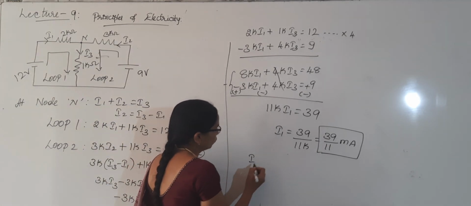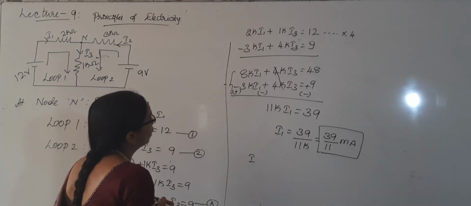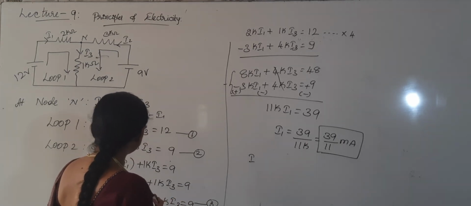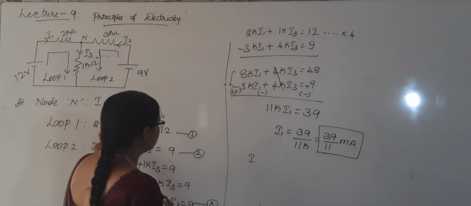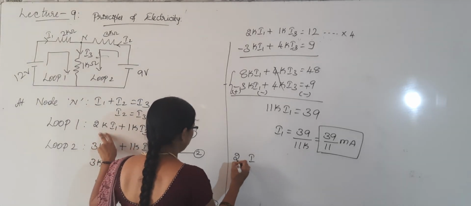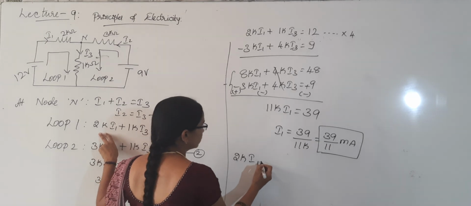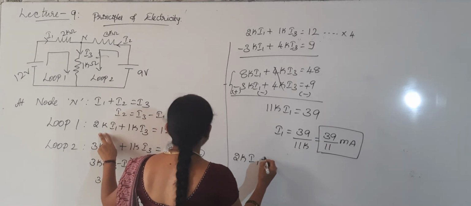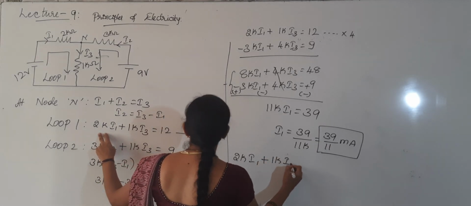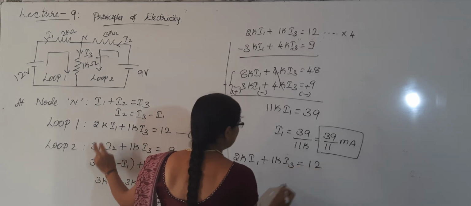So we have to find I2 or I3, either one. I will use this equation: 2 kilo into I1 plus 1 kilo into I3 is equal to 12.